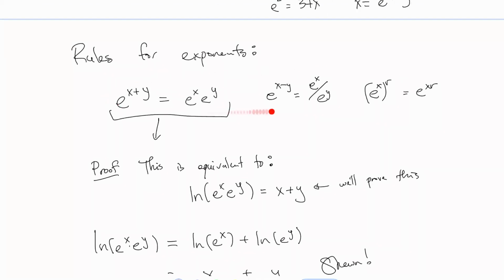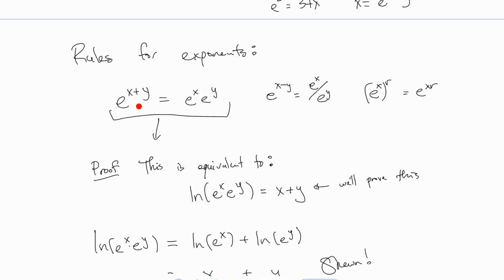If I was talking to someone who already is on my wavelength about this, I would say, why is this plus and multiplication property true of e? It's because of the multiplication and plus property of the ln. And it goes the other way around. The ln has multiplication on the inside and turns into addition on the outside. Here we have addition on the inside, which turns into multiplication on the outside.